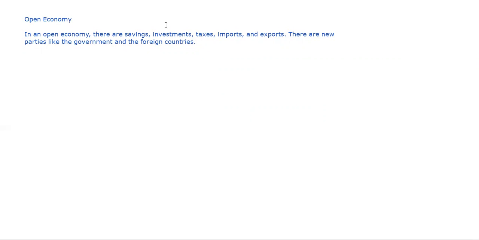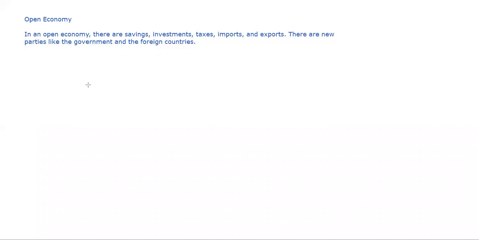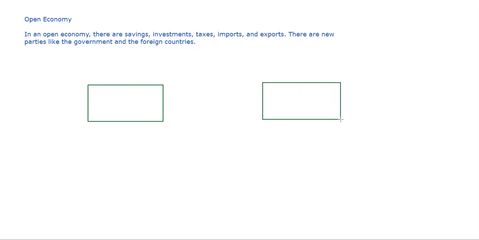Let's redraw the previous model. Let me use the same color for consistency. So that was a green color for the households and the firms. And they had a beautiful small little exchange among themselves. Households and firms.